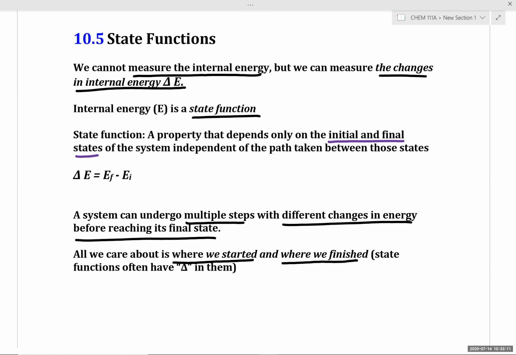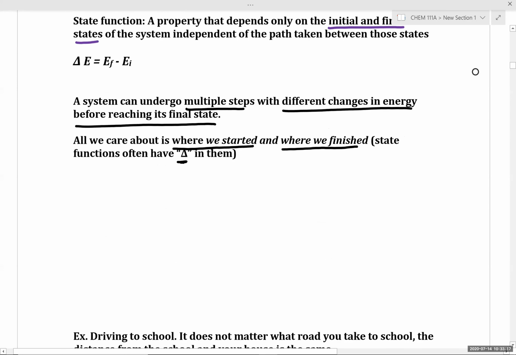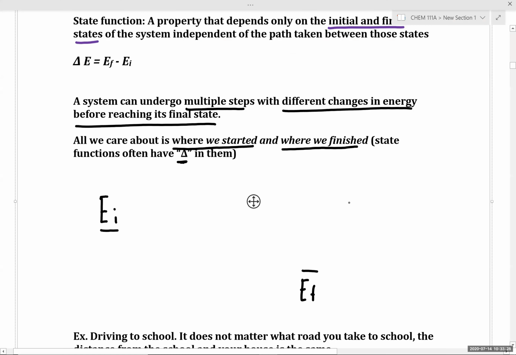State functions overall often have the delta symbol in them. So let's suppose we have an initial energy and a final energy. Again, just to reiterate, if we wanted to calculate delta E, or the change in internal energy, all we would do is take E final minus E initial.